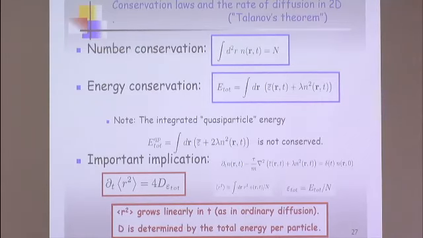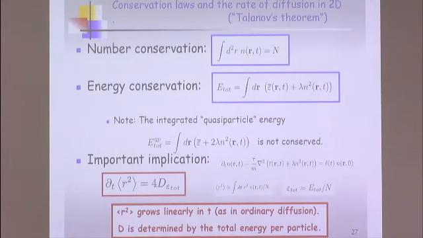And in 2 dimensions only, it appears that one may connect the rate of expansion with the coefficient of diffusion and with the energy, which corresponds to the average energy per particle.